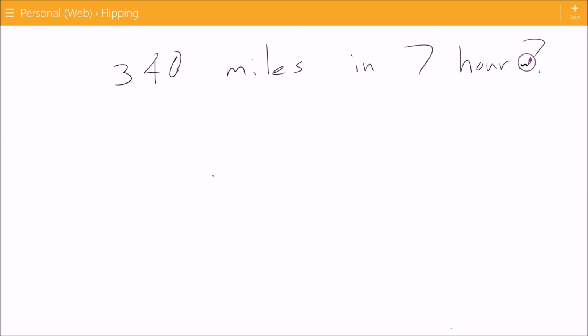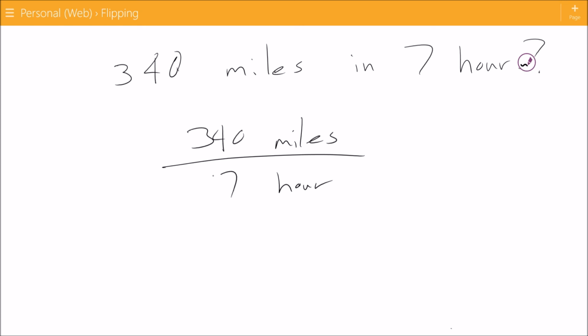Lastly, if you have 340 miles, how fast would you have to go to make that distance in 7 hours? If you use the same ratio as we did a moment ago, miles per hour, remember the line is per, 340 miles in 7 hours.